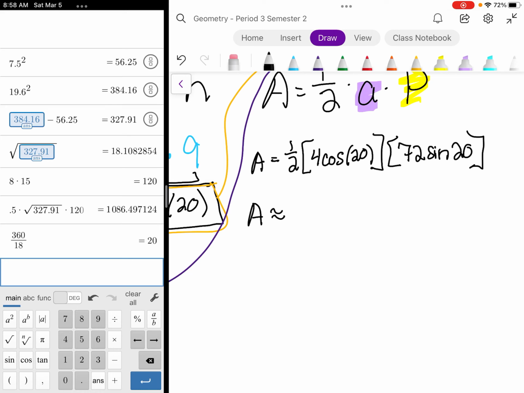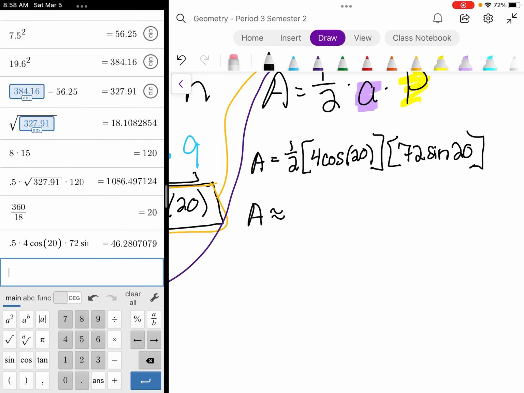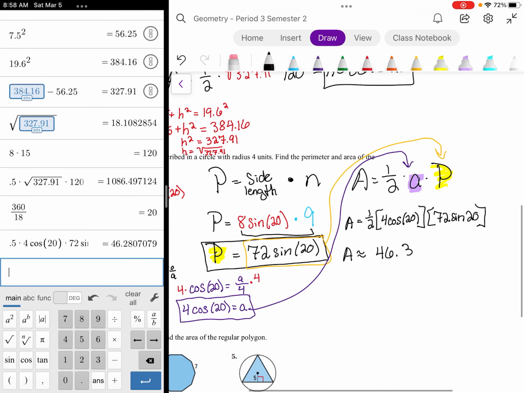We're going to do 0.5 times 4 cosine of 20 degrees times 72 sine of 20 degrees again. So our area is about 46.3, and our units for this one was just units.